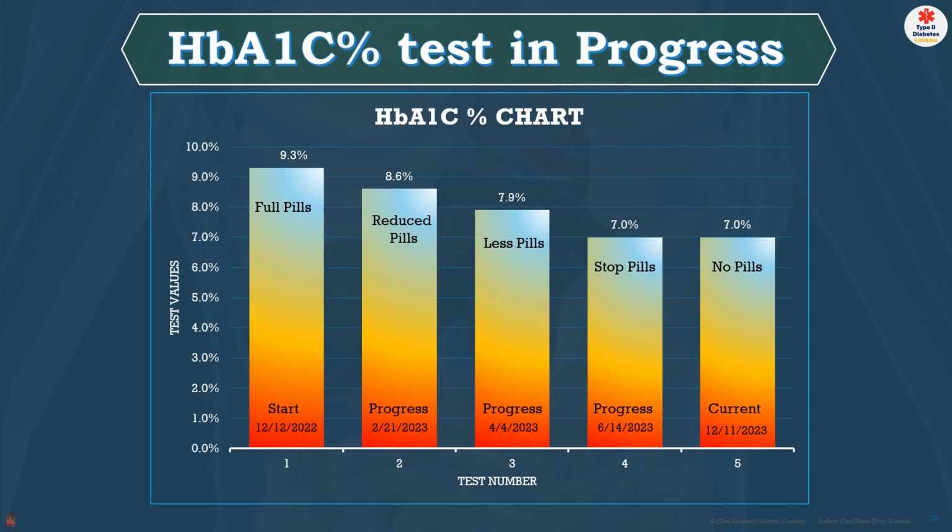And now, another 2 months, you got 7.0. That is 6 months later: 2, 4, 6 months later, that is when you become no pill, in the range of 7.0.